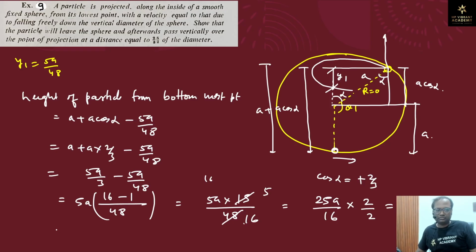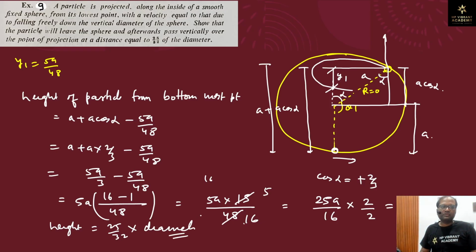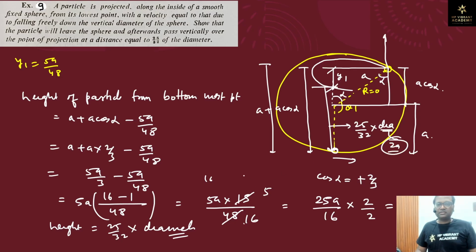So the height is equal to 25 upon 32 into the diameter. So the particle will leave the sphere and afterwards pass vertically over the point of projection at a distance of 25 by 32 into the diameter. The diameter is 2a. Okay. We will discuss further questions in the next lecture. Thank you.